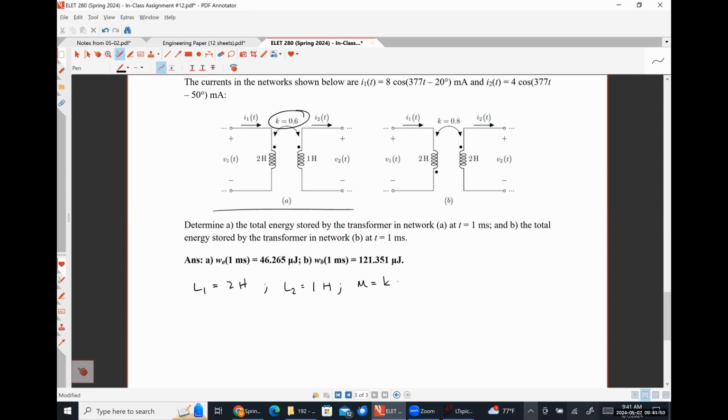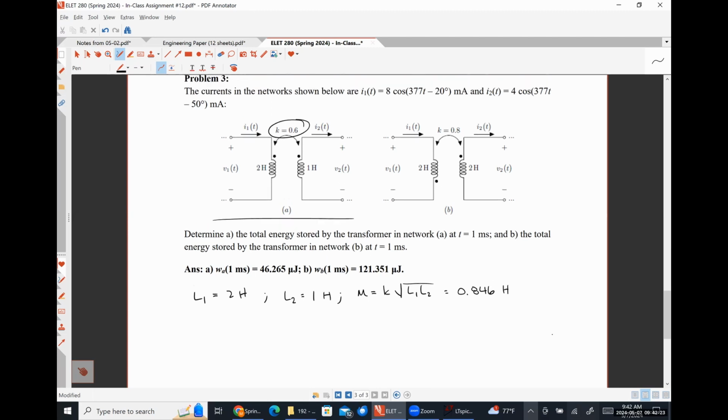So K times the square root of L1 L2, if I'm not mistaken. That would be 0.6 times the square root of 2, or 0.846 henries. Okay.